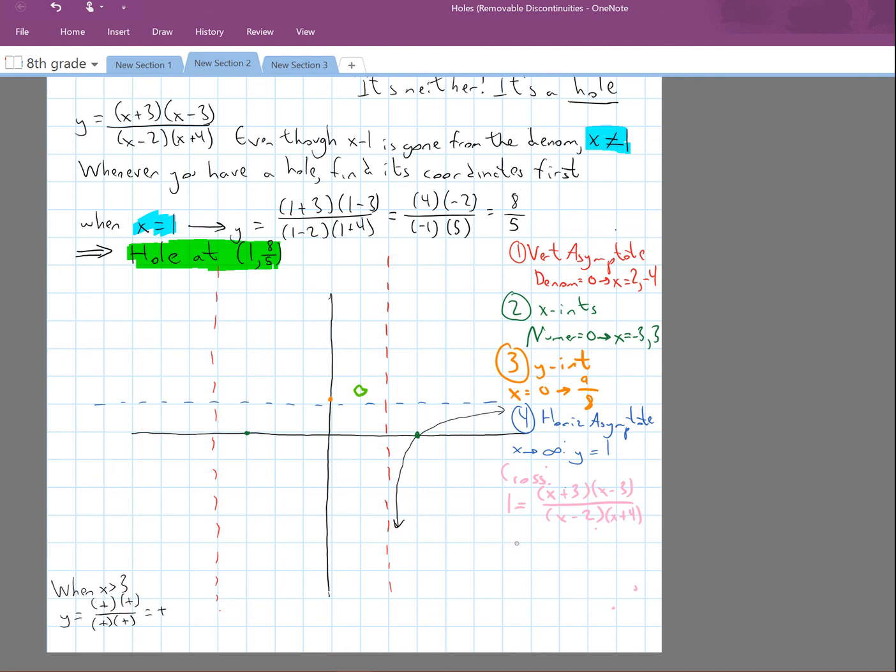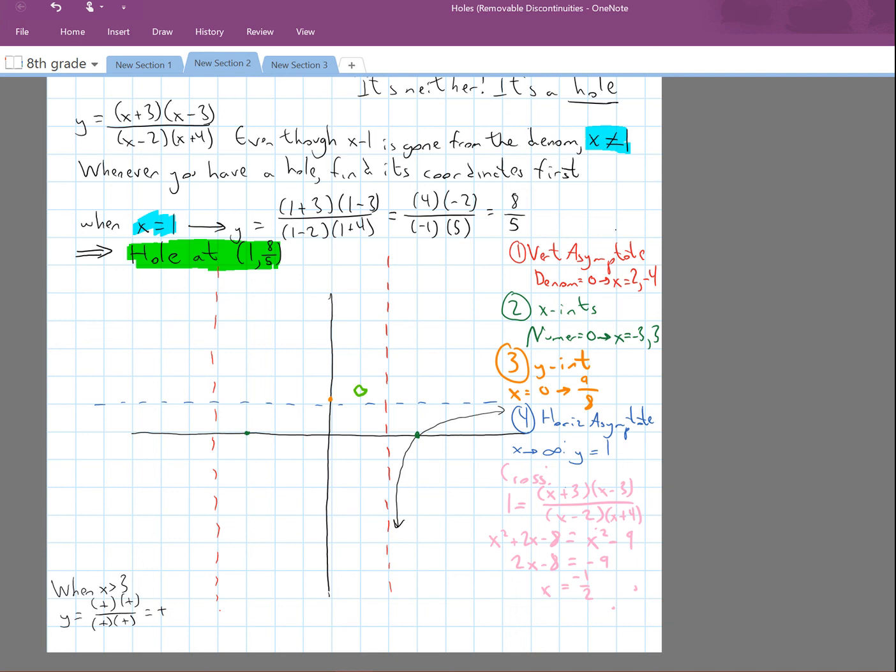Okay. I'm just going to FOIL out directly over here. x squared, because I'm lazy, and you already saw it, plus 2x minus 8 equals x squared minus 9. Foiling the numerator. This is the denominator foiled. 2x minus 8 equals negative 9. Add 8 to each side. x equals negative 1/2.